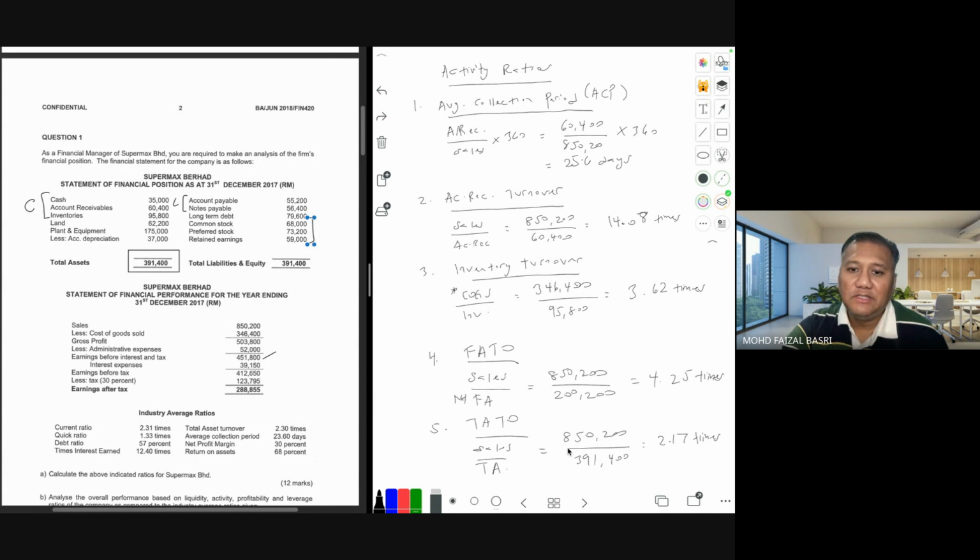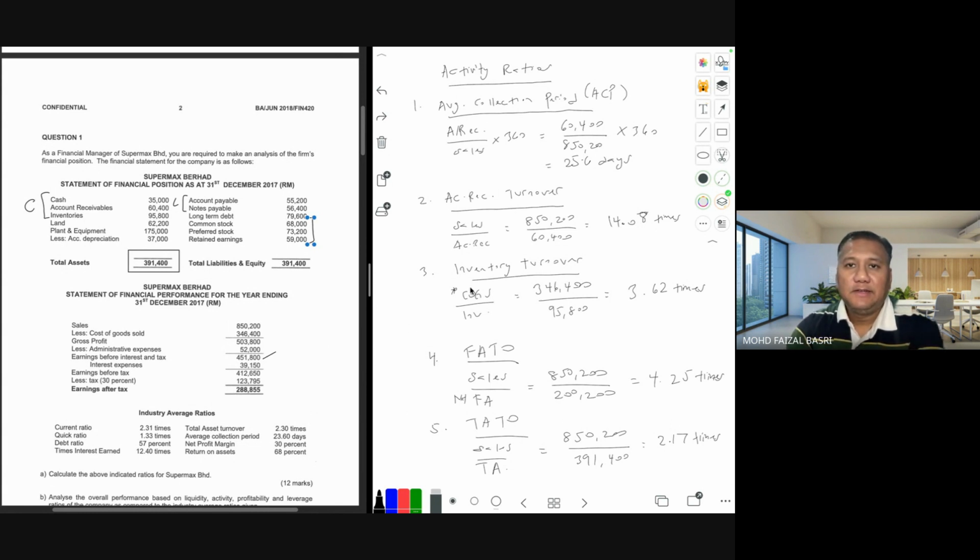So dia punya generation of sales from the total asset is less as compared to the industry average. That's how you comment, and it indicates that the generation of sales from the total assets is lesser as compared to the industry.